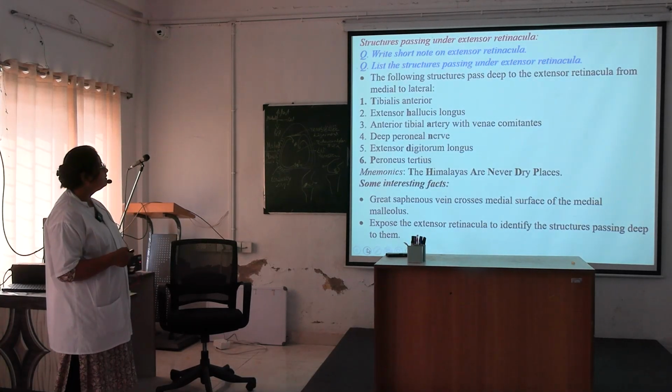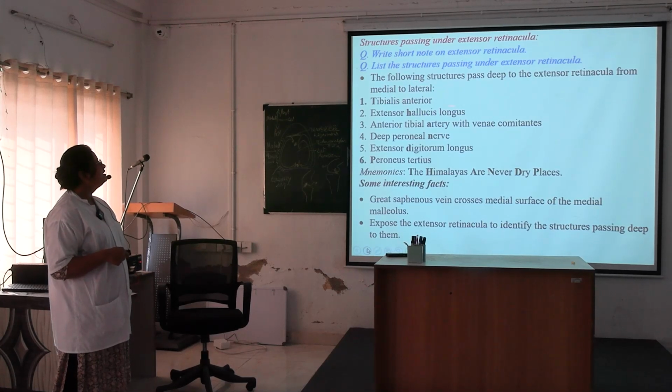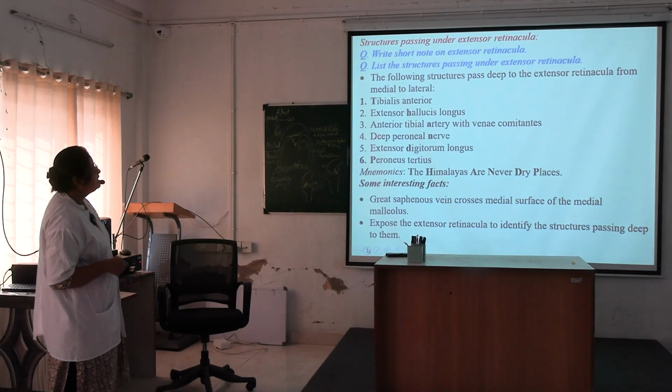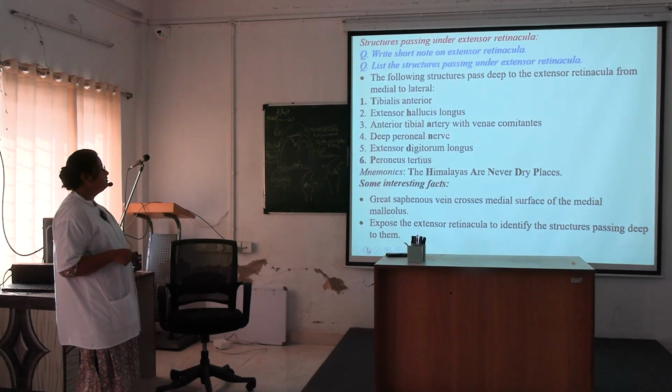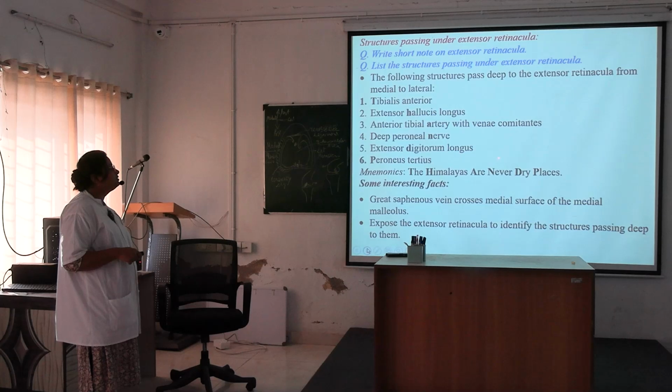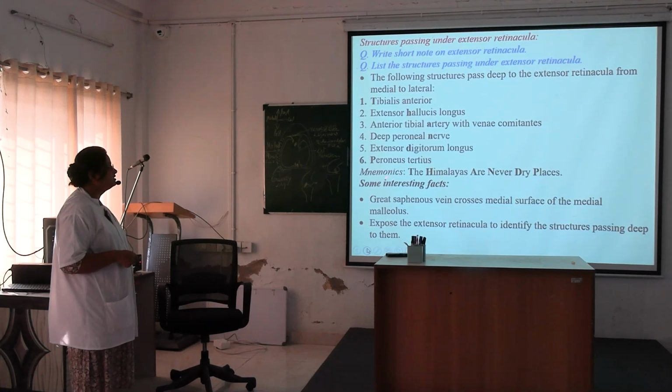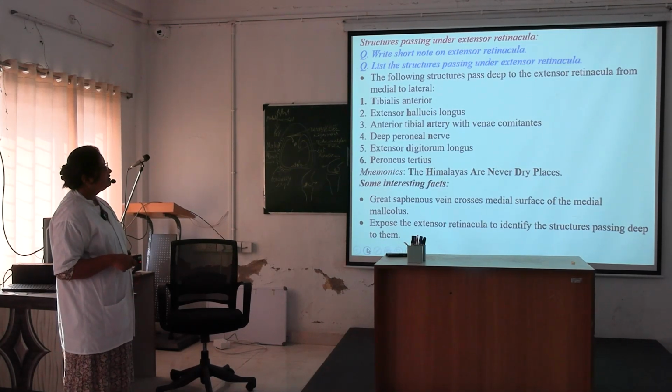From medial to lateral: tibialis anterior, extensor hallucis longus, anterior tibial artery with venae comitantes, deep peroneal nerve, extensor digitorum longus, and peroneus tertius. You can remember it with a mnemonic.